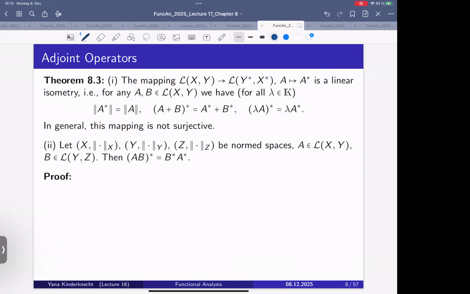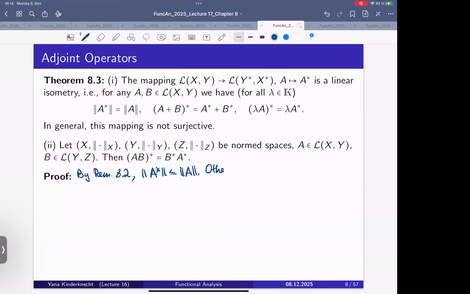By Remark 8.2, we know that the norm of A* is smaller or equal than the norm of A. So the task now is to prove the opposite inequality. So let us show it.